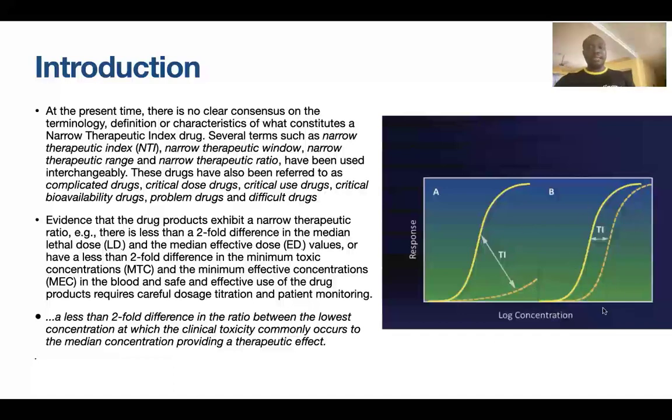If you look at the slide on your screen, you see that for narrow therapeutic index drugs, which is the B drug, there's a very narrow space between the lowest dose at which toxicity appears and the mean effective concentration.